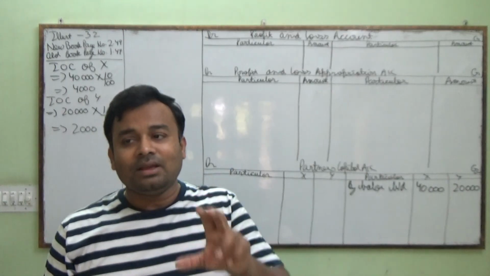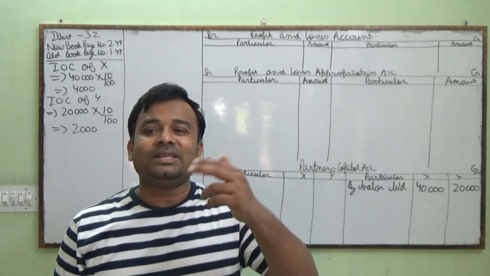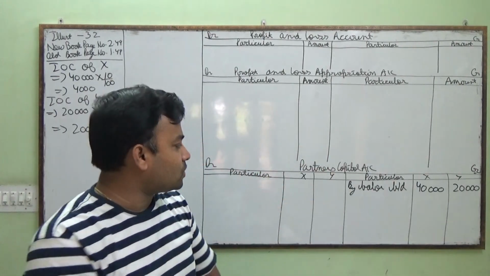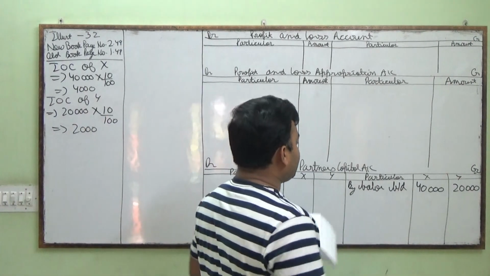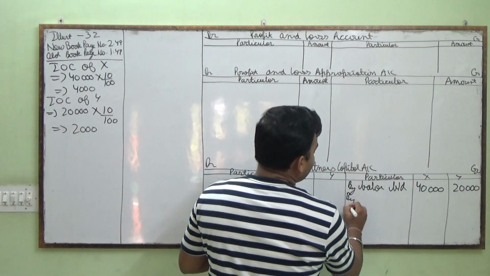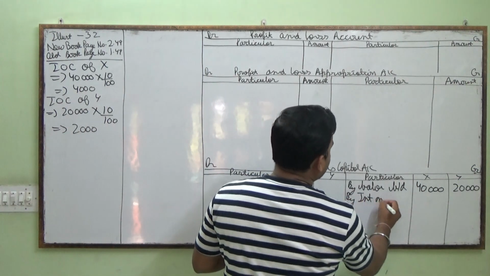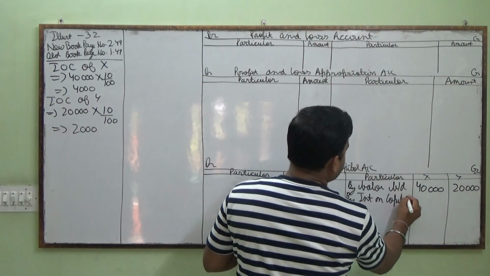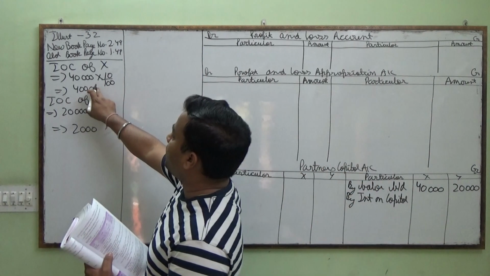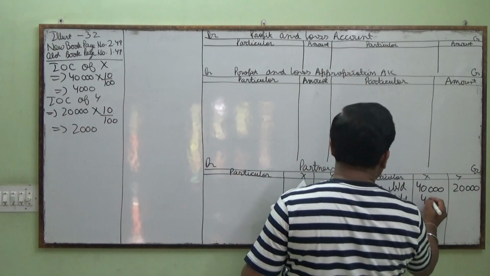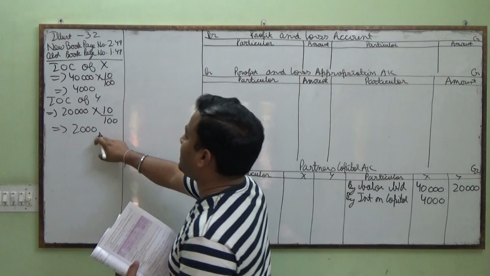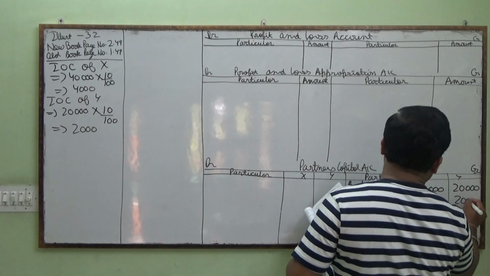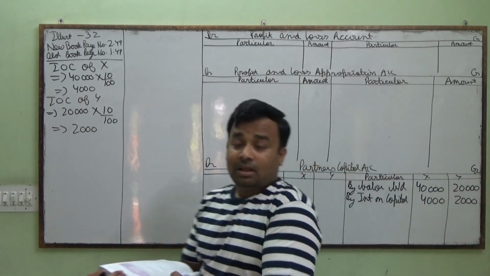So in this entry, X and Y capital accounts are credited by interest on capital. So we will write on the credit side of the capital account, interest on capital. Interest of X capital is 4,000 and interest of Y capital is 2,000.